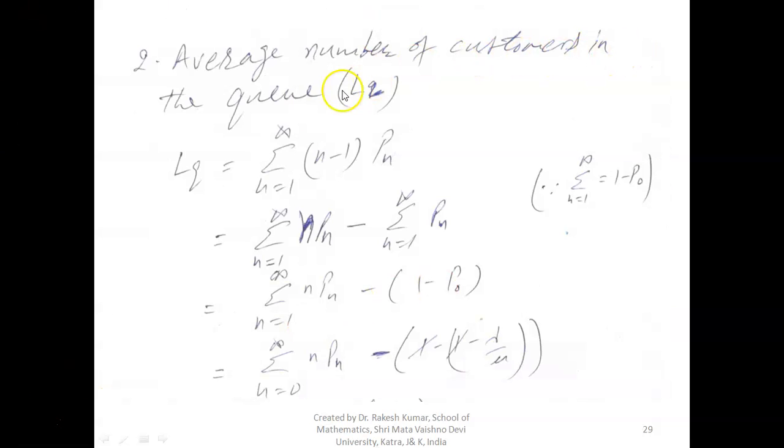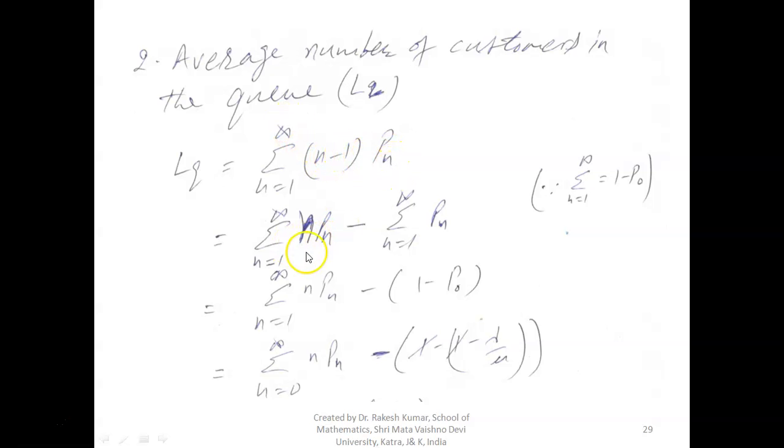Average number of customers in the queue. This can be obtained like here, but we start from n minus 1, because 1 will be in the server in a single server queuing system. 1 will be in the service, and n minus 1 will be in the queue. So the average number of customers in the queue is the sum from 1 to infinity of (n minus 1) Pn.